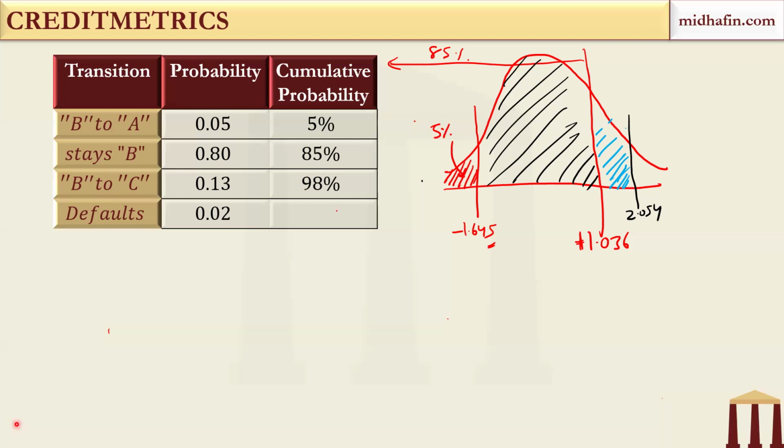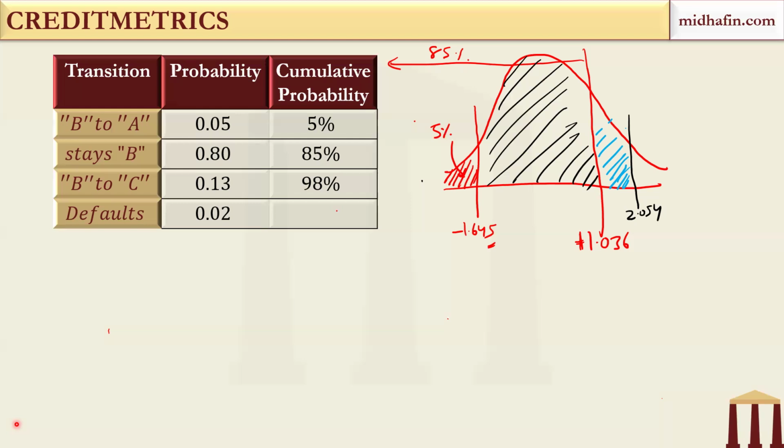So rating changes also are important. So in each simulation trial, the ratings of all the credits at the end of 1 year, because these are 1 year transition matrices, are determined, and then the portfolio will be revalued completely. That is the whole idea.